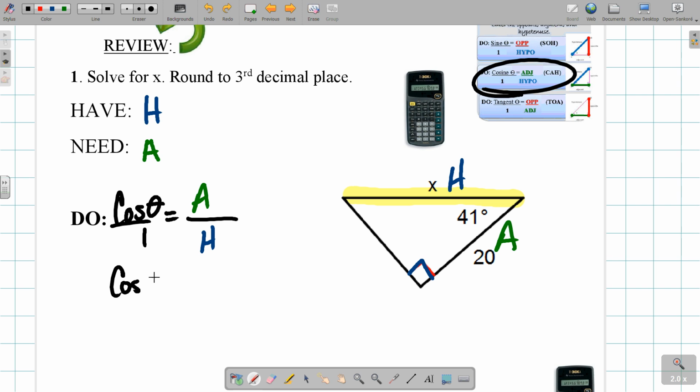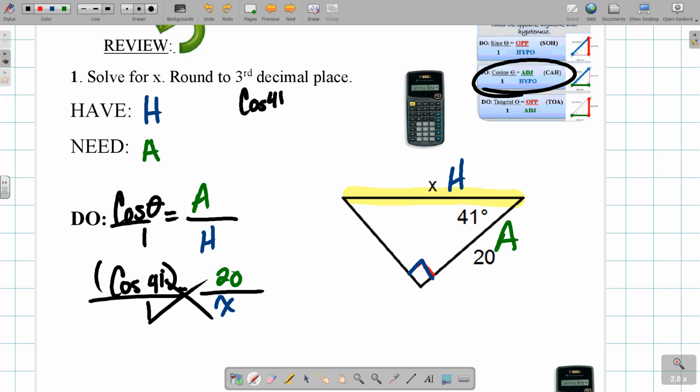And so that's cosine 41 degrees, adjacent, which is 20, over hypo, which is x. Cross multiply. We end up with cosine 41 times x equals 20. Therefore, x is ultimately going to equal 20 divided by the cosine of 41 degrees.